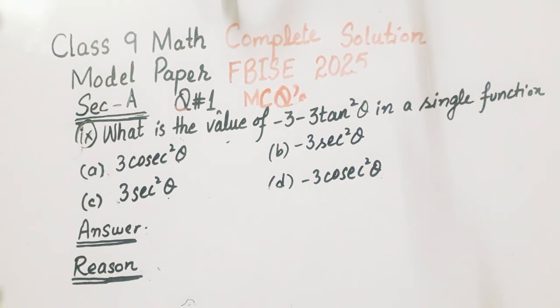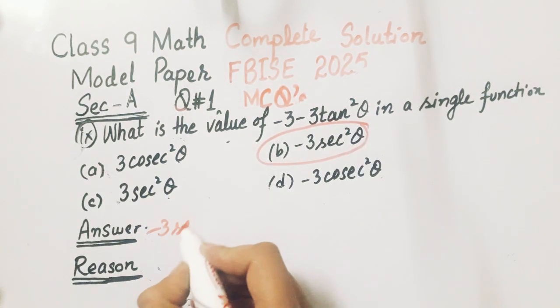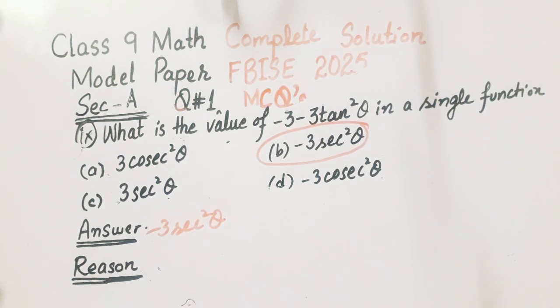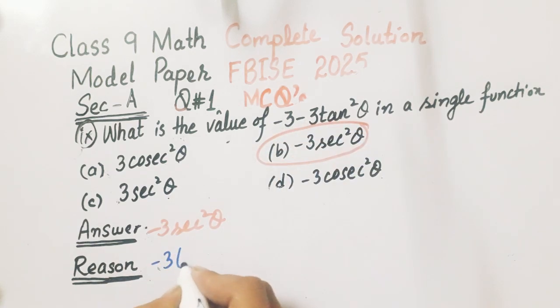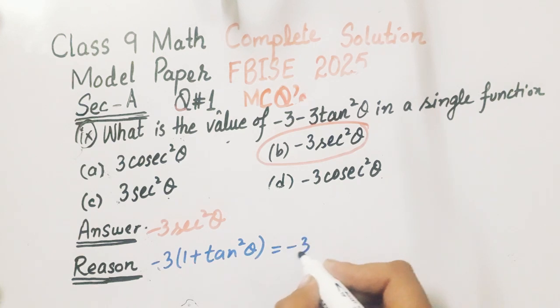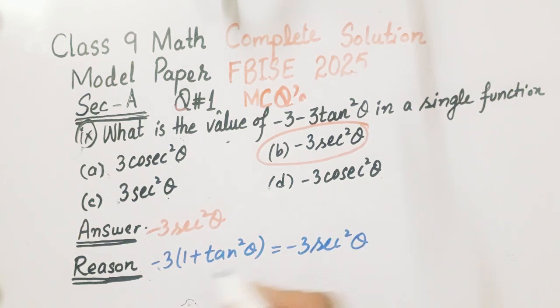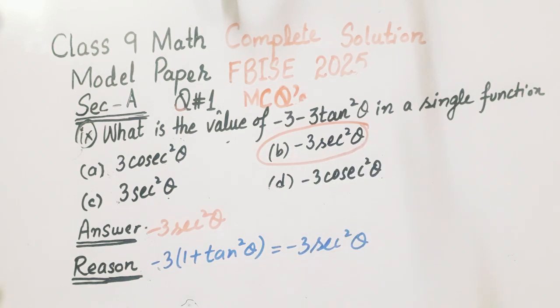Now we will solve this to find the answer. -3 secant square theta, and the reason behind this is, first of all we will take -3 as common, remaining is 1 plus tan square theta, and we know that 1 plus tan square theta is always equal to secant square theta. That's why the right answer will be -3 secant square theta.